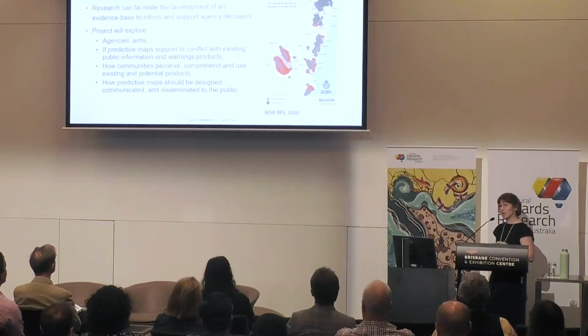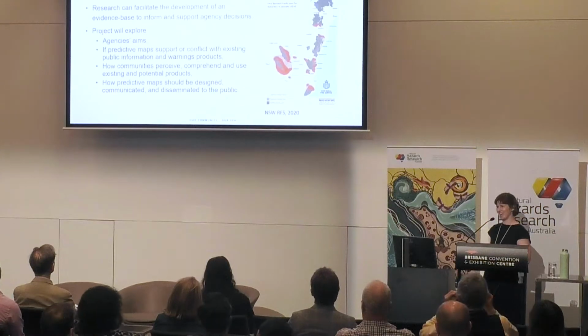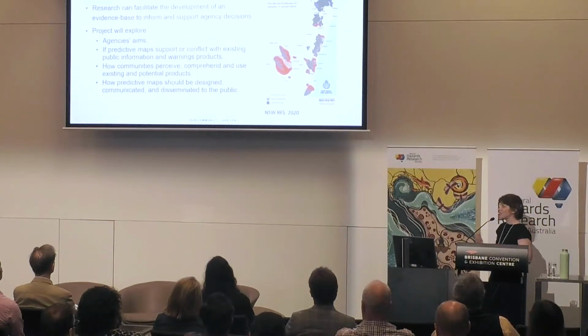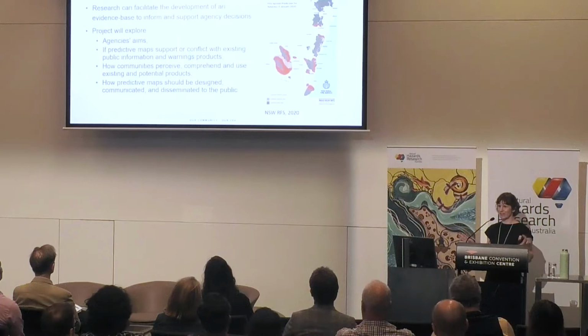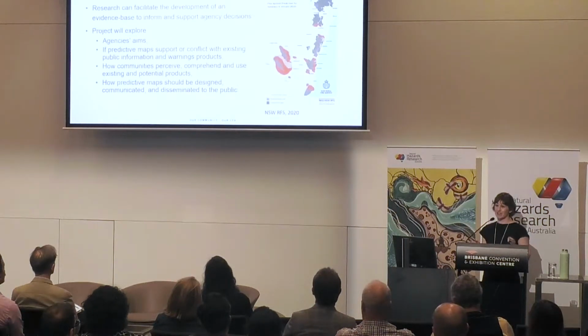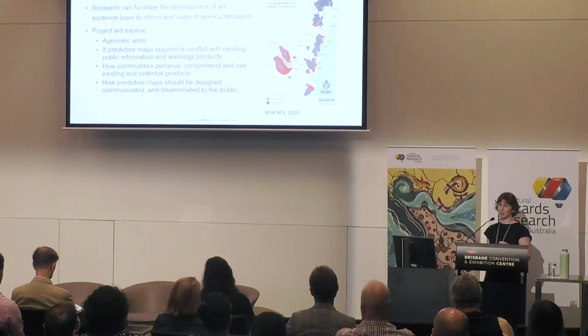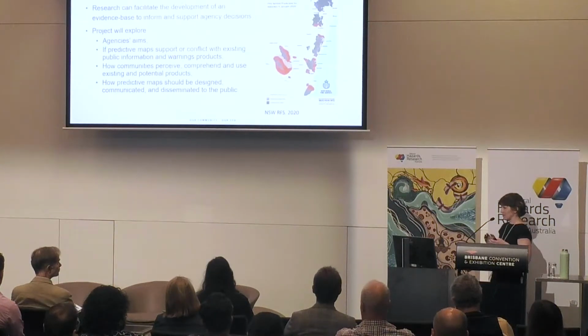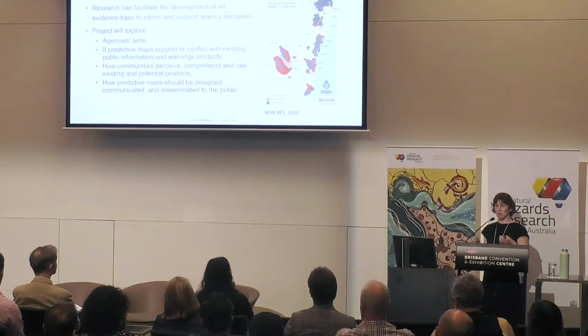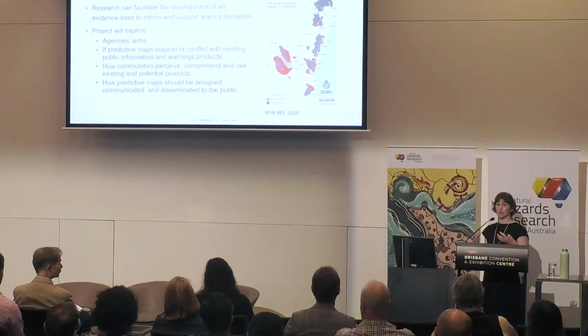So we saw this research, and we're glad that NHRA did too, as an opportunity to step back, to reflect, and to collect evidence that can help develop an evidence base to inform and support the decision-making for the future use of these products. So the research is interested in exploring the following questions. We want to better understand what agencies perceive the role of these products to be across all jurisdictions.